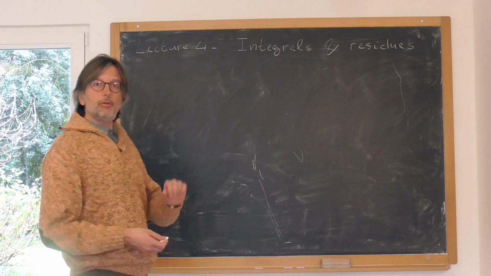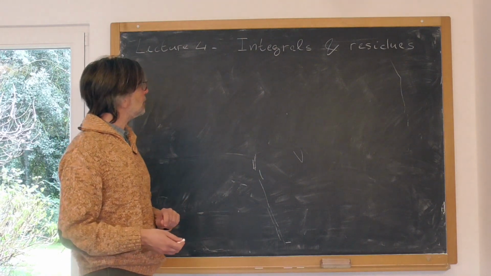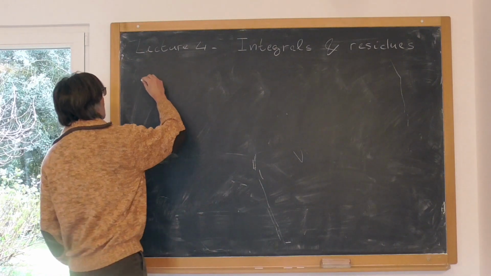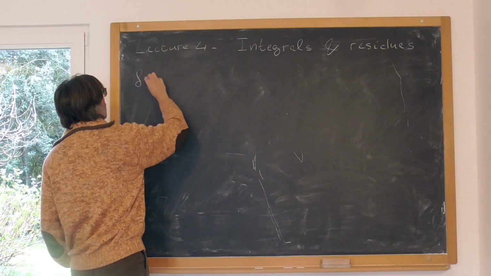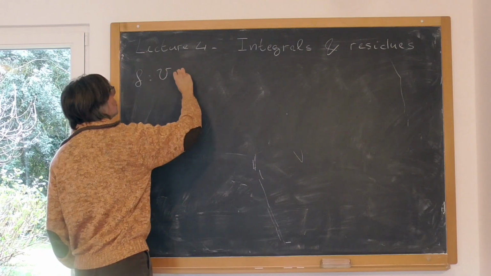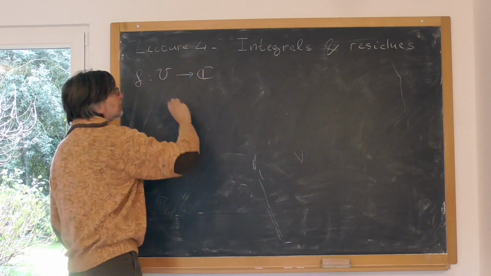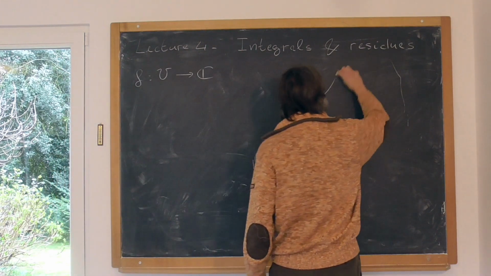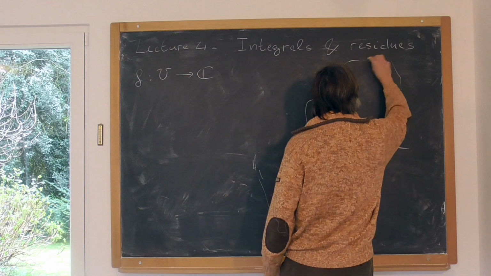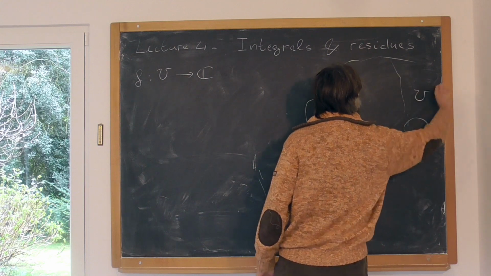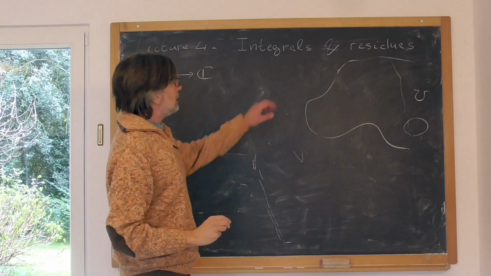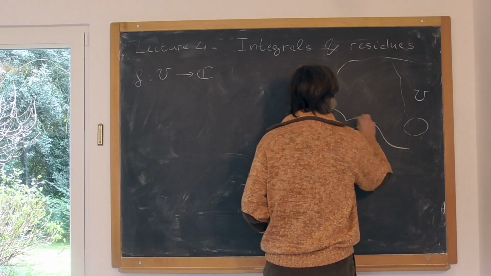So let me first recall the residue theorem. We have a holomorphic function f on some domain U. This is our domain. And inside U we have a contour.